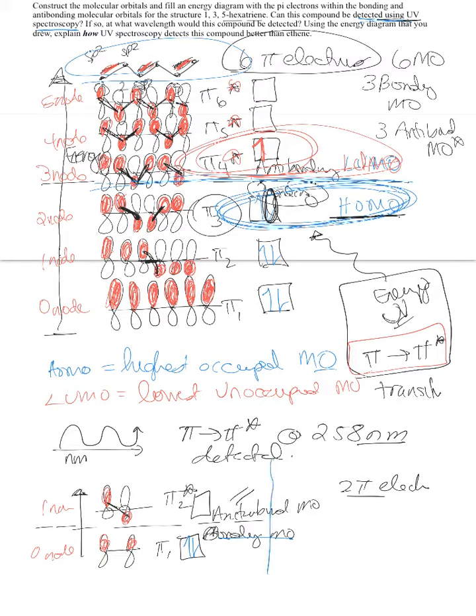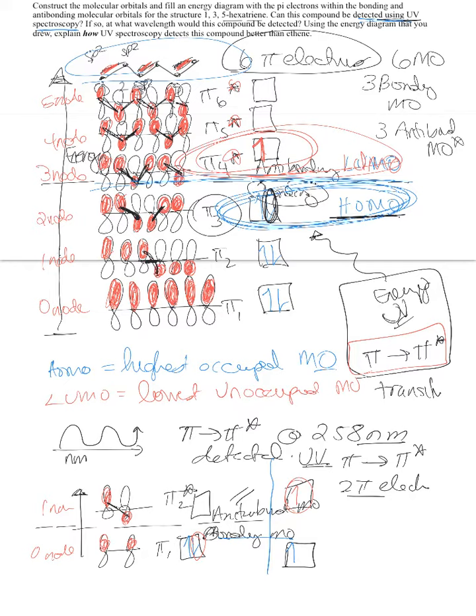But anyway, let's talk about UV here. If we have a UV transition, we're going to excite those electrons from a pi to a pi star. So this one electron here is going to get excited, and that occurs at a very low wavelength.